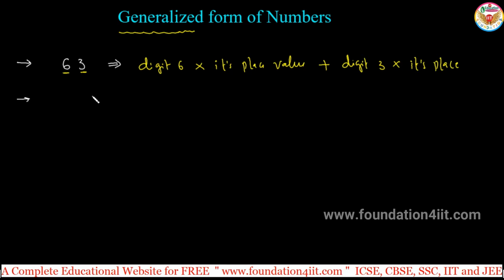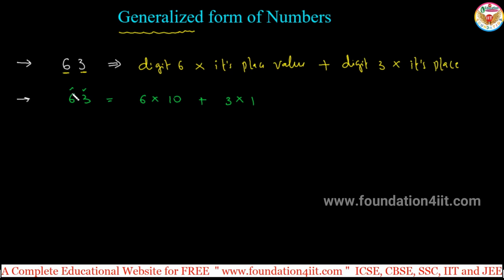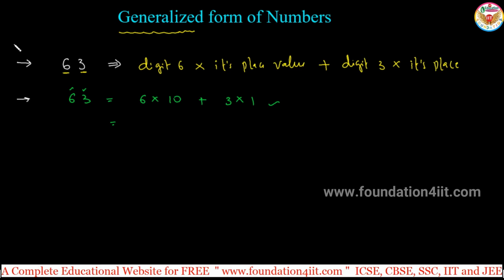Finally we can write 63 is equal to 6 into its place value 10, plus 3 into its place value 1. Units place, tens place, so place value is 10. Same way, 6 into 10 plus 3 into 1. Writing in this format is generalized form. Right, simple. Again, let us take one 3-digit number.